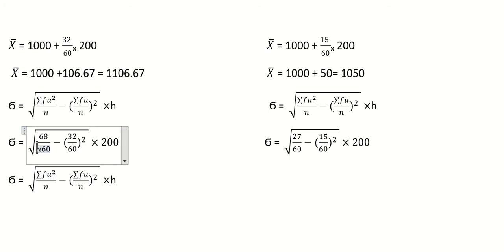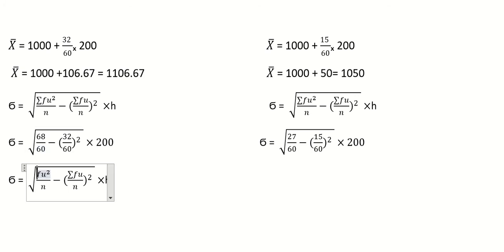For company A, 68 upon 60 is 1.133 minus 33 upon 60's whole square, which is 0.284, into H is 200.